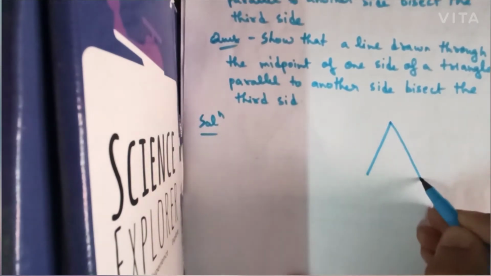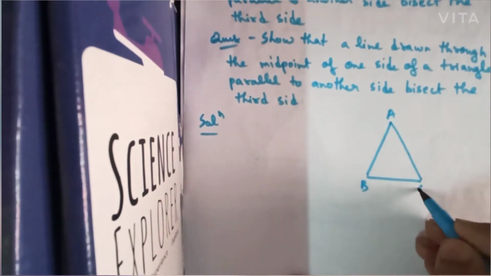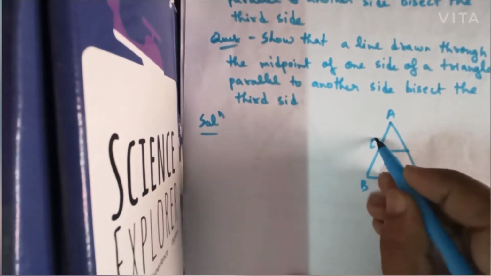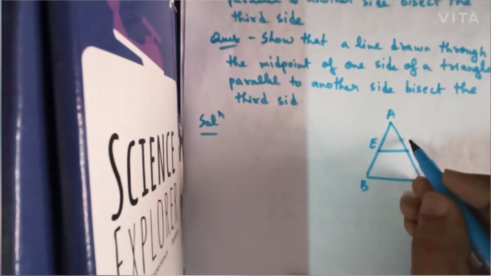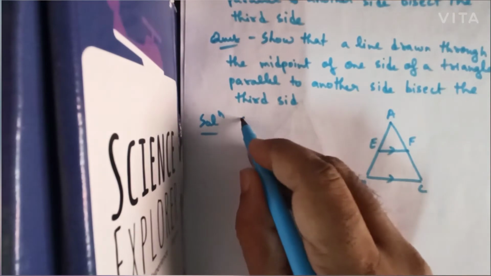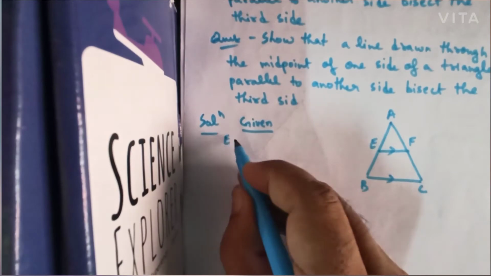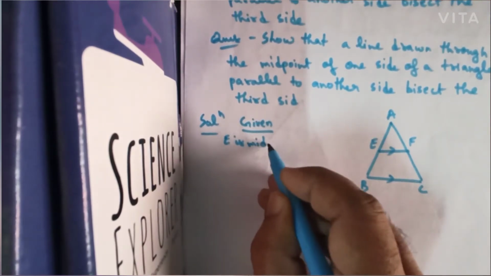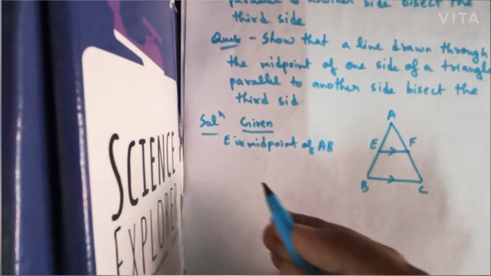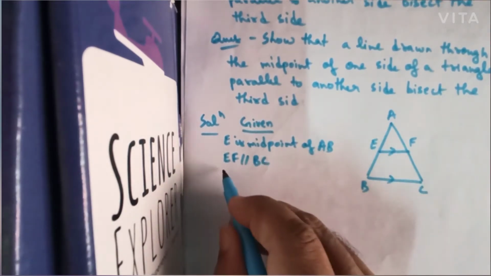So first we will draw the figure. I have drawn a triangle ABC, and I have to name it accordingly by myself, and E is the midpoint, and this is, let's say, point F, and EF is parallel to BC. So given: E is the midpoint of AB and EF is parallel to BC.